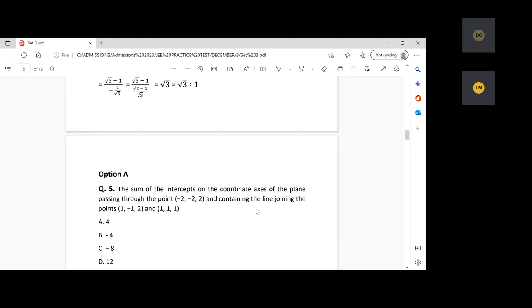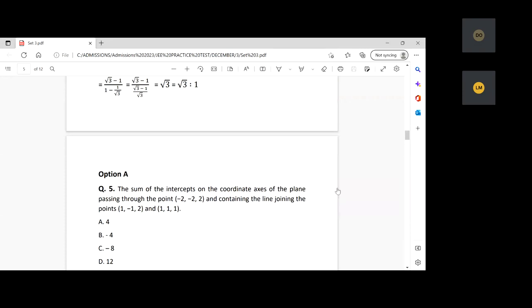So just think how you're going to solve it. If anybody has an idea about how to solve it or what the answer is, you can type that in the chat box.